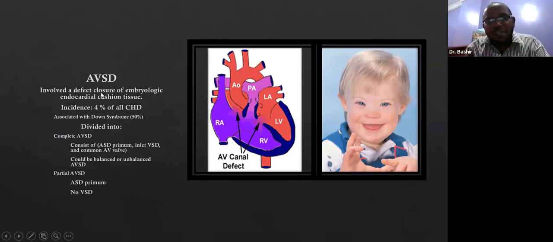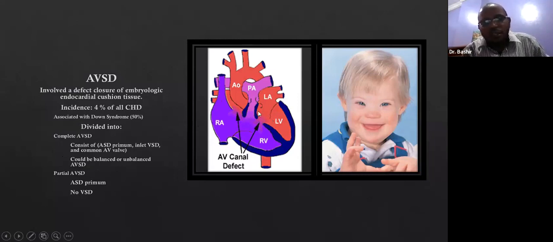We said regarding AVSD, either complete like this one or incomplete. Incomplete, there is no VSD. It is only ASD primum, and the AV valve is defective.